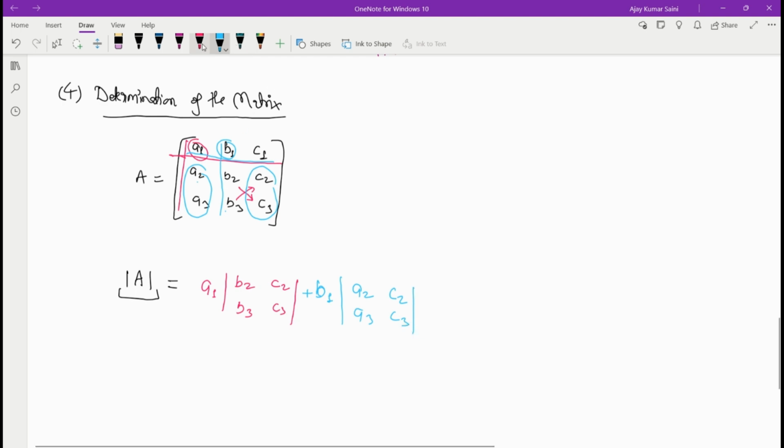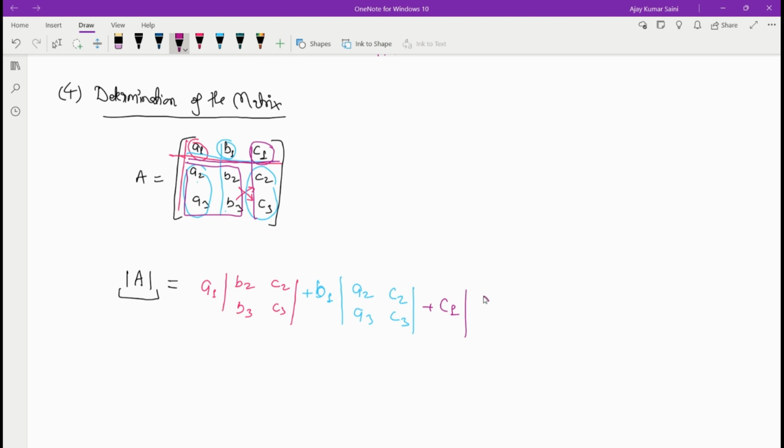Now we take c1 common. So plus c1. After that, this is the row and this is the column. So these four elements are now left.